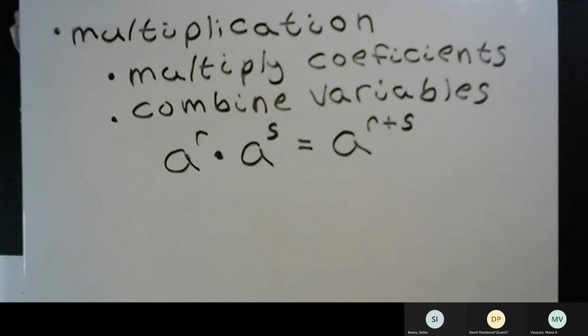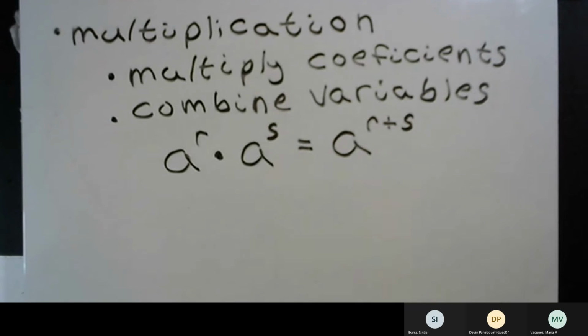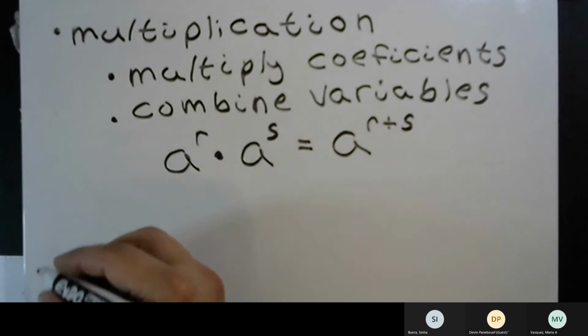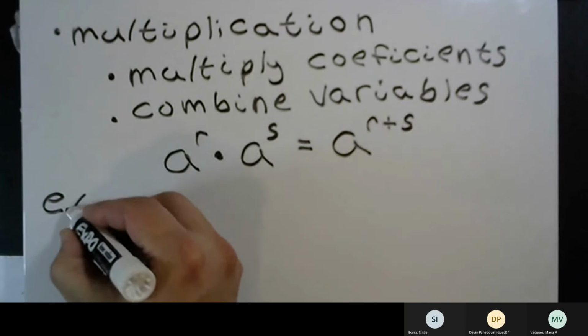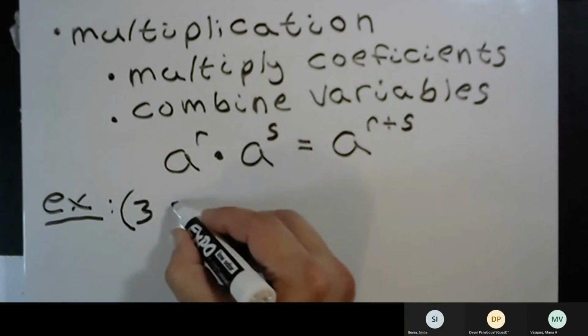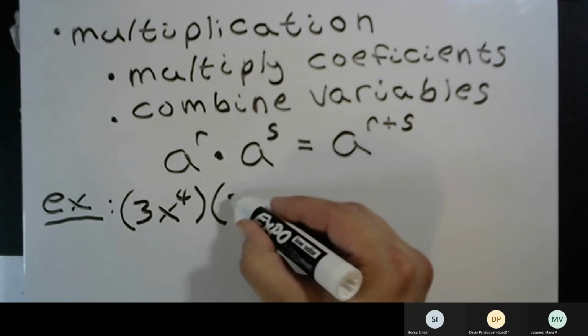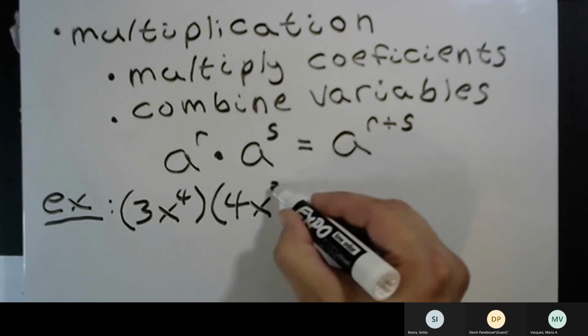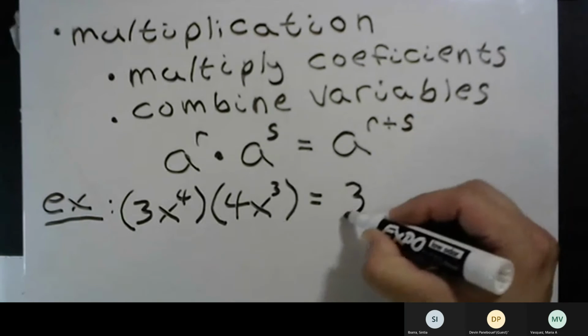So let's do an example. I'm going to pull some homework problems here. So let's say we have something like this. Three x to the fourth times 4x cubed. Now what we're going to do, we're going to multiply our coefficients first. So you have 3 times 4.